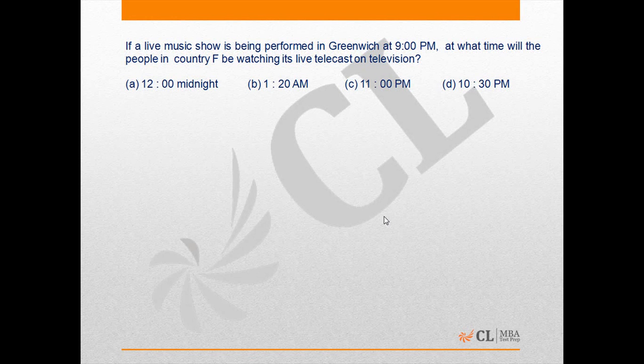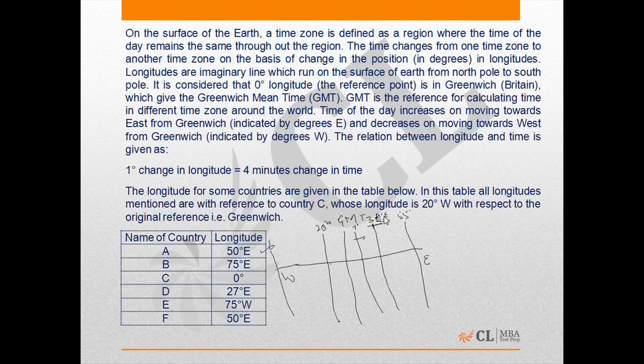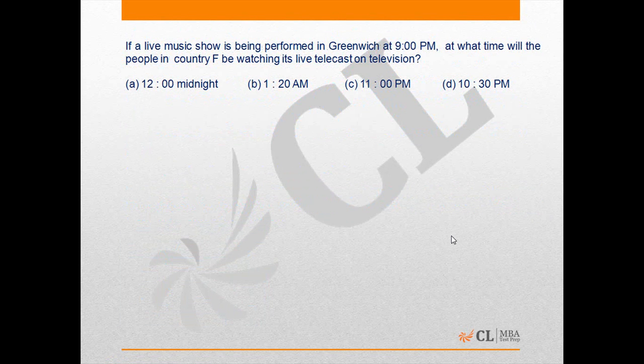There will be a difference of 30 degree longitude towards east, so it will be 30 into 4, that is 120 minutes. So time will be effectively 120 minutes ahead of the GMT. So the answer for this question turns out to be 11 p.m. and the correct answer is C option.